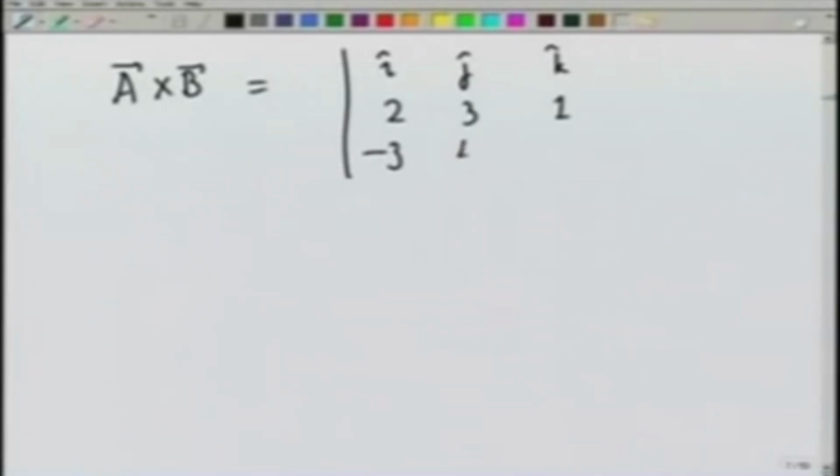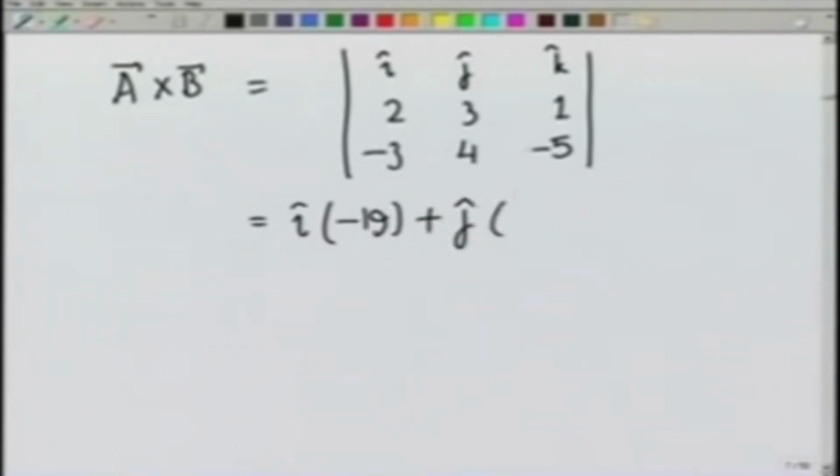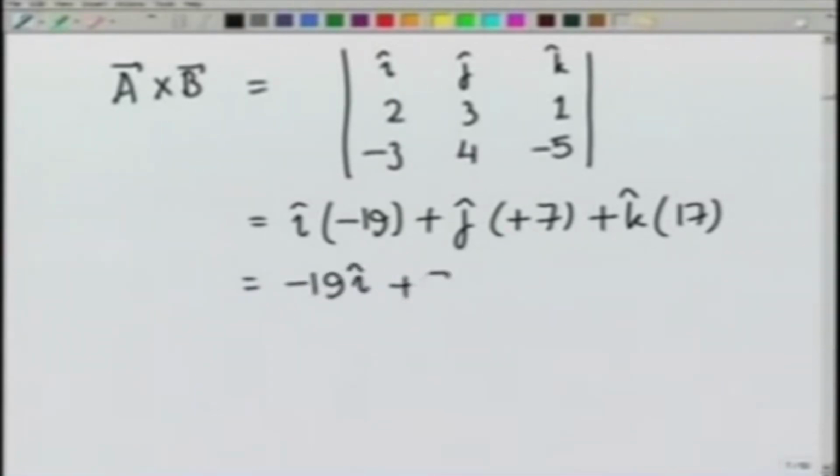So, the cross product is i times minus 15 minus 4, so minus 19, plus j times minus 3 plus 10, so plus 7, plus k times 8 plus 9, 17. So, this gives me a vector minus 19i plus 7j plus 17k. This is A cross B.